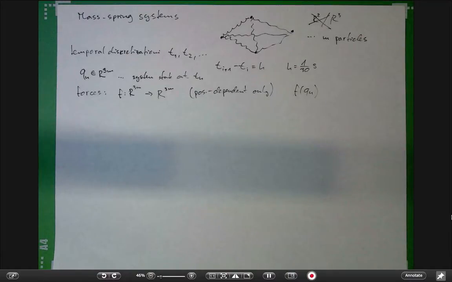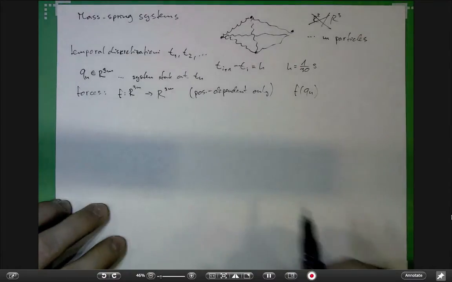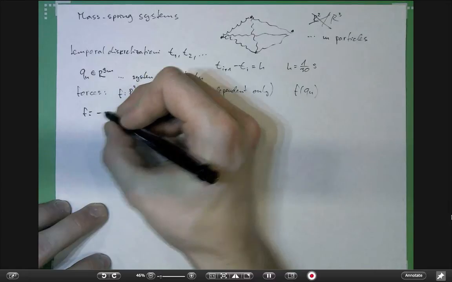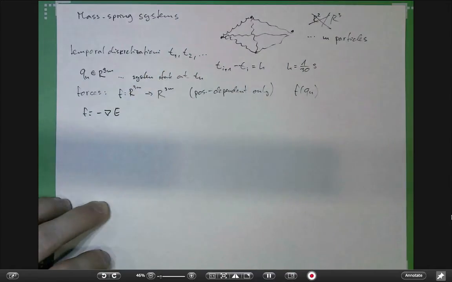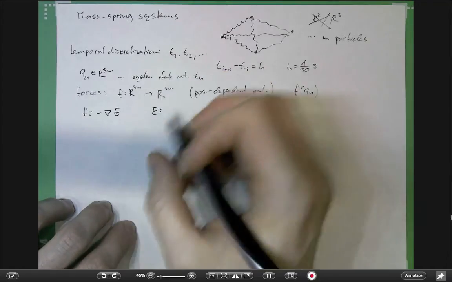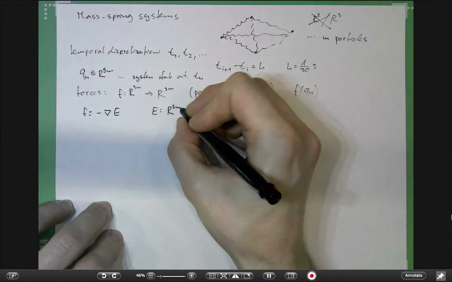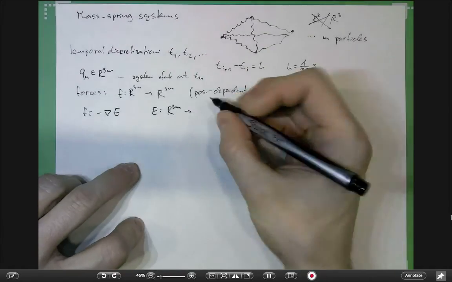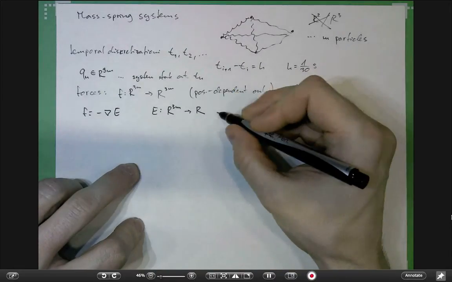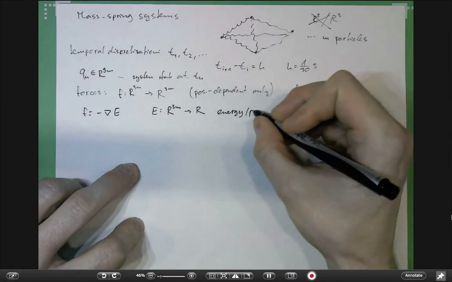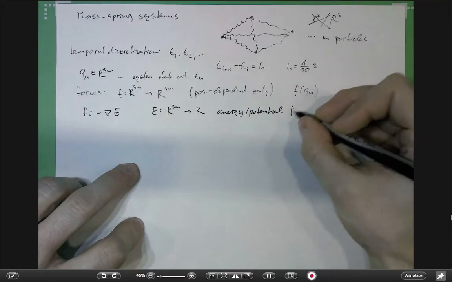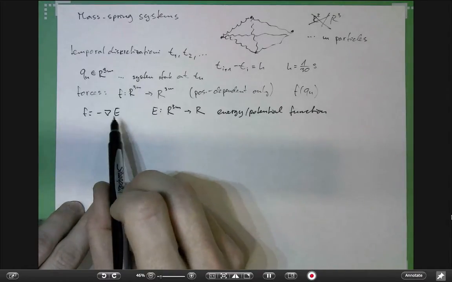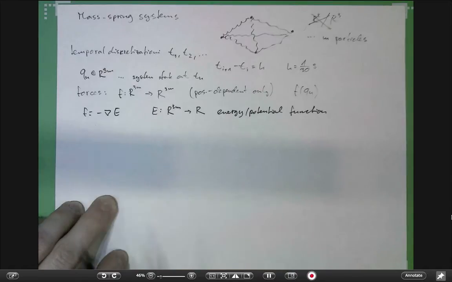And you also know that the forces are defined as the negative gradient of a potential energy, right? Here I'm basically just recapitulating what you should already know, because it will serve us as foundations for the new method, which I want to explain. So this is the potential energy or potential function. And the relationship between the forces and the energy is the gradient, the negative gradient to be specific, right?